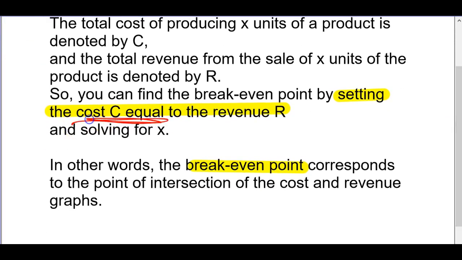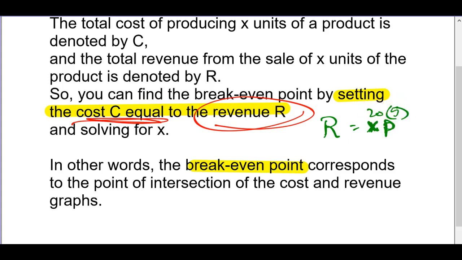Again, the cost is C, the revenue is R. Later we'll learn that the revenue is xp, where x is the quantity and p is the price. So let's suppose I have a t-shirt company that I'm starting up, and I'm going to sell 20 t-shirts at $5. So 20 times 5 would be the revenue. That's the money coming in.